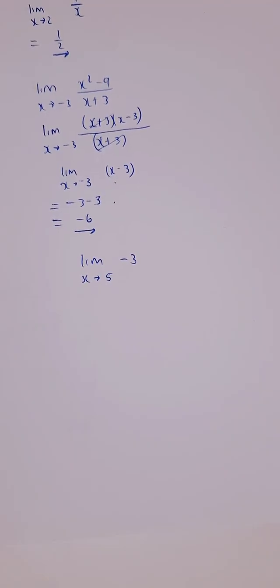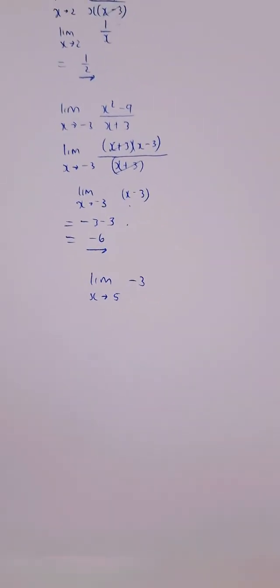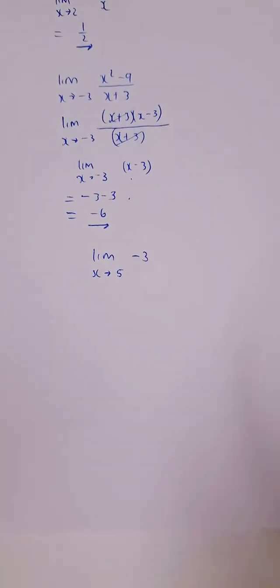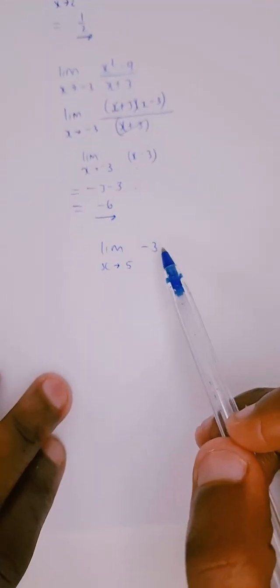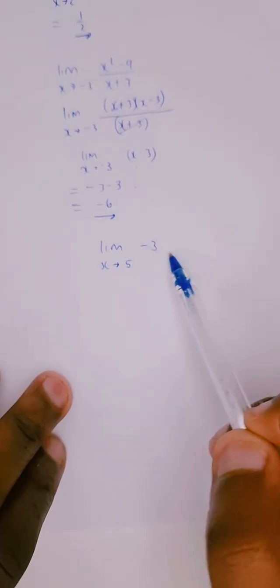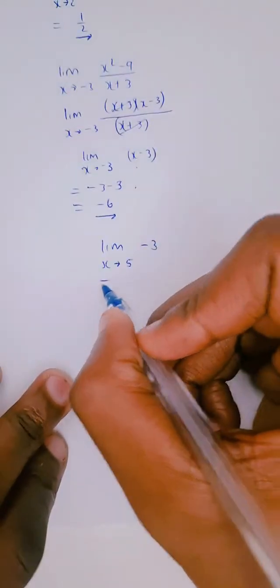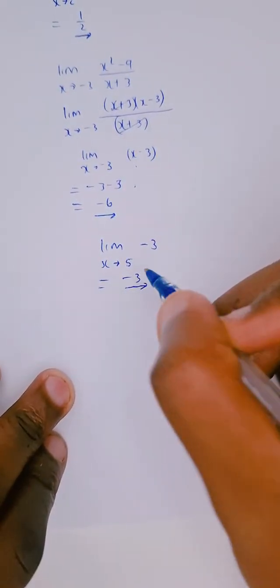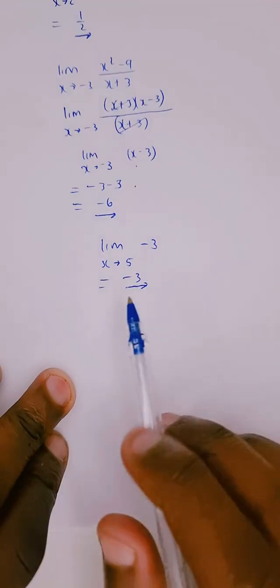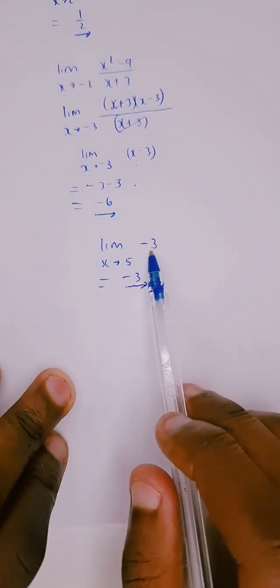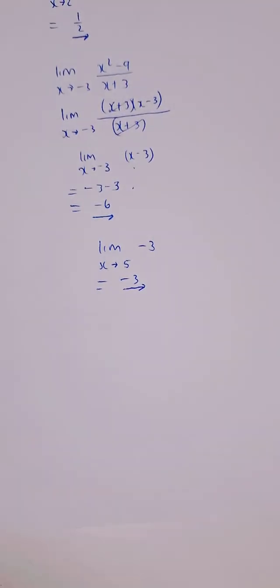Good job, Presh. Ada Zion, be very careful. We've been saying for the past couple of problems that the limit of a constant number is equal to the constant itself. If you try to substitute 5 into negative 3, you can't.